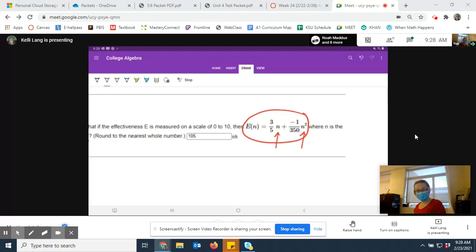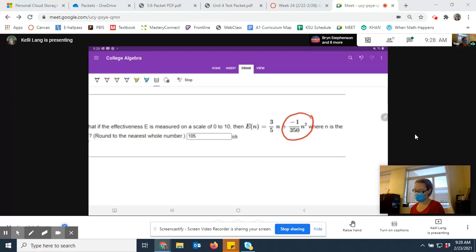Is it a positive parabola, a concave up parabola, or a negative concave down parabola? Well, that depends on our leading term. Now, it's written in the back, so it doesn't look like it's leading, but if we had written this in descending order with our biggest exponent first, this would be in the front. And this is a negative coefficient.